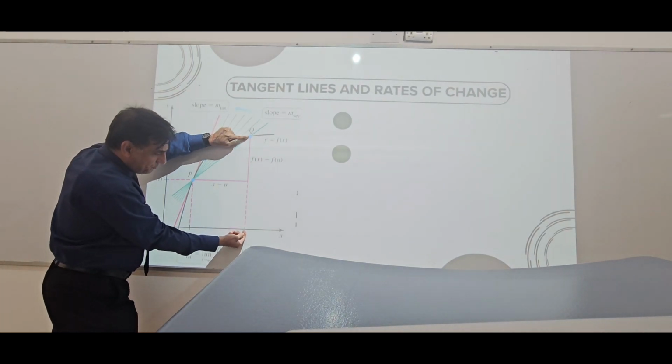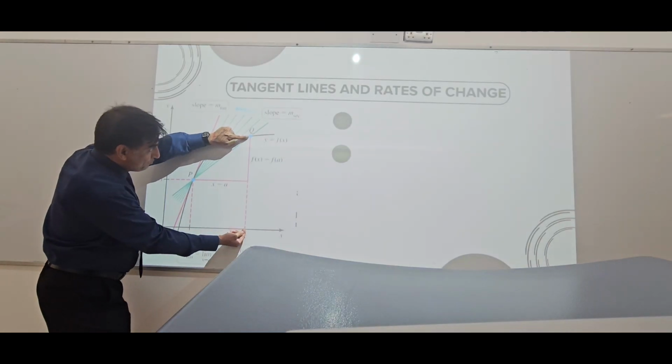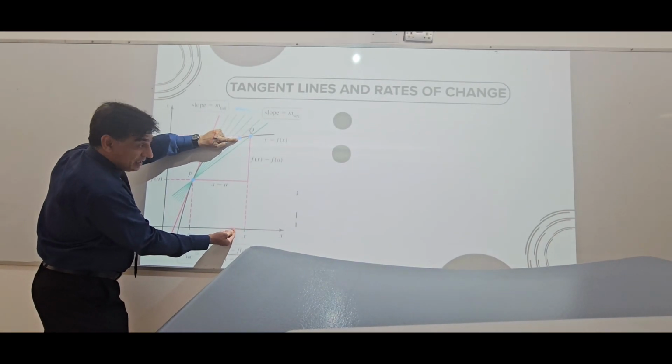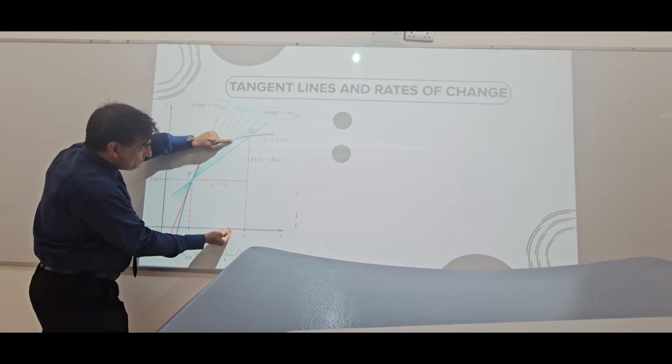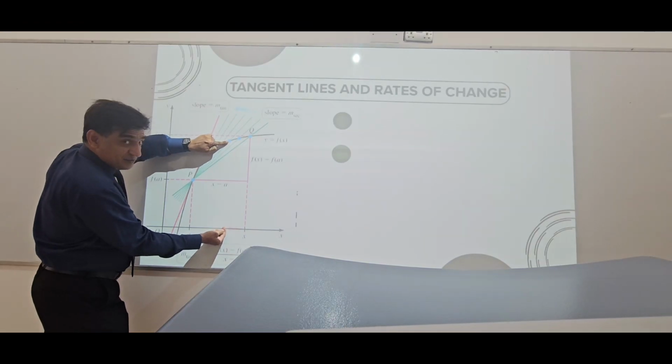Now we start moving this value of x towards a. When we move this one, the y also moves. Now for this particular value of x, this is the y value. We keep moving, and now for this particular value of x, this is the y value, right?